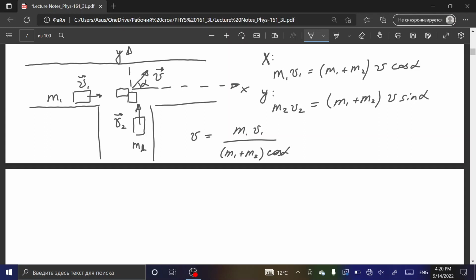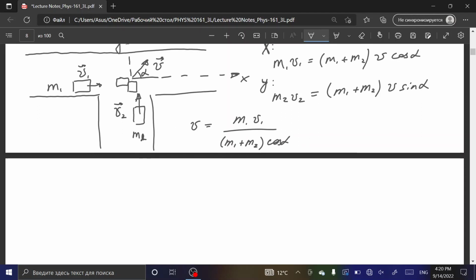So in order to get it, we can divide the second equation by the first one. So we get the following. It will be m2 times v2 divided by m1 times v1. And that is equal to, we cancel out these masses and the velocity, sine alpha over cosine alpha.